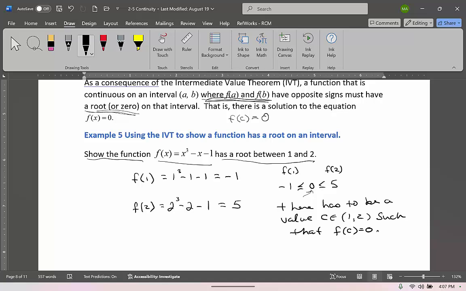So if we actually wanted to find the 0, we could look at 1.5 and see if that's positive or negative, and then we could split that interval in half, and then do that again and again until we get closer and closer to the actual 0, which is how certain calculators would do something like this when solving and finding zeros. It just keeps narrowing it down to smaller and smaller intervals till it finally gets it accurate to so many decimal places.